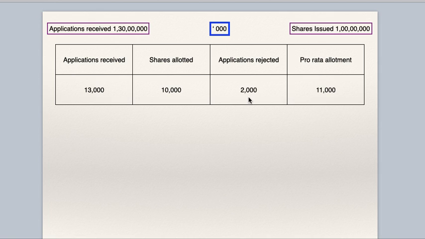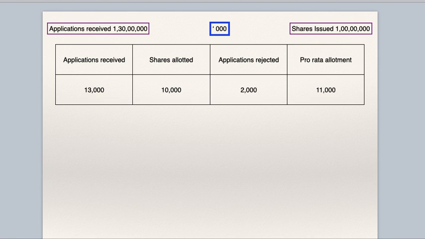They have rejected 20 lakh applications. If you cancel 3 zeros, 2,000 applications are rejected because we'll consider rupees in thousand. And 1 crore 10 lakh applicants were allotted 1 crore shares. That means 11,000 applicants were allotted 10,000 shares.